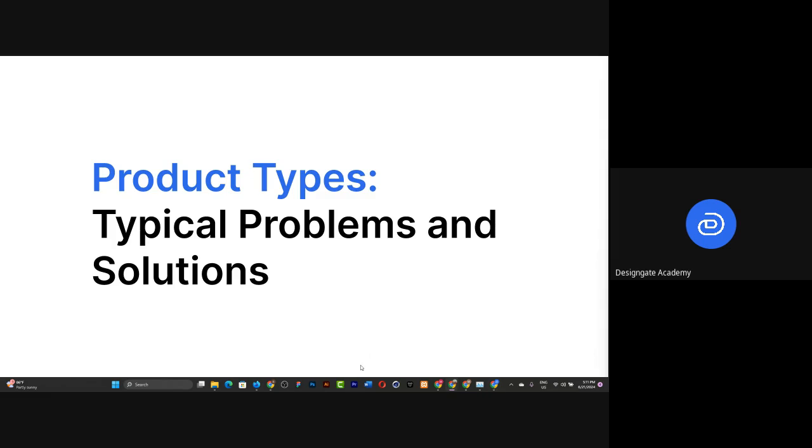As we proceed, we begin to get a clearer understanding of what exactly product design is. Product design is a part that deals with the product itself. Today, we want to take a look at product types and some of the problems they face and their solutions.